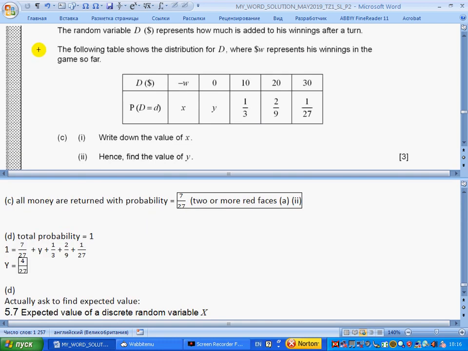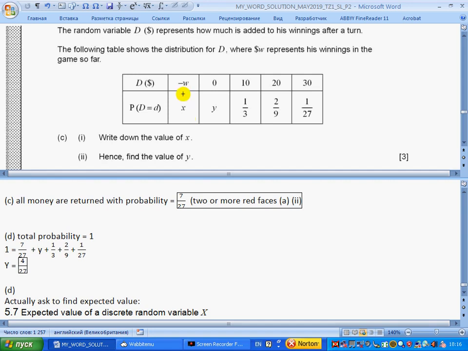The random variable d represents how much is added to his winning after a turn. The following table shows the distribution for d, where w represents his winning in the game so far. Write down the value of x. So, probability of x, what is this event? When he loses and loses all money.